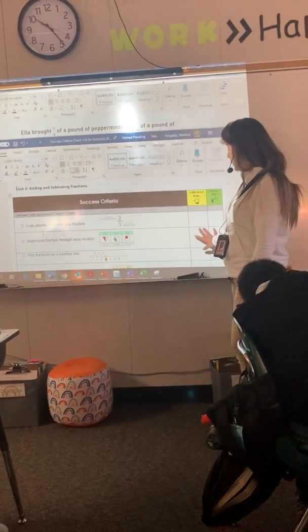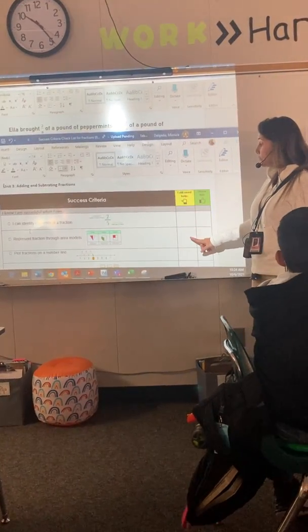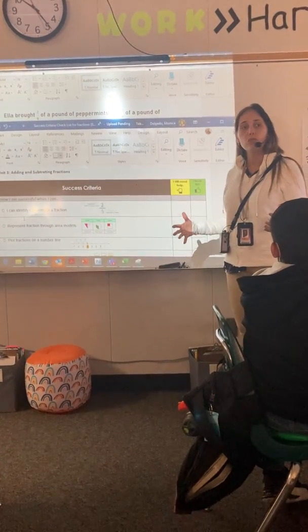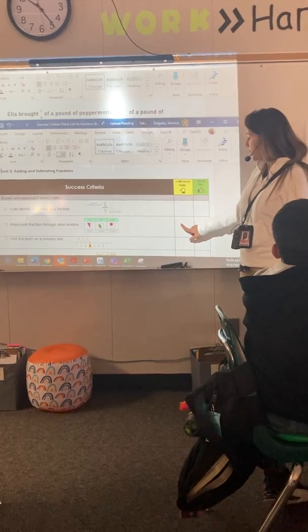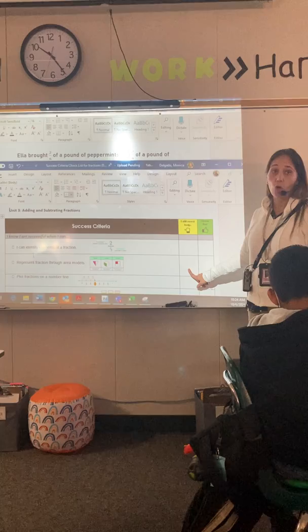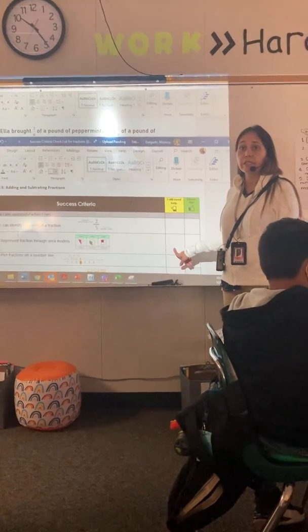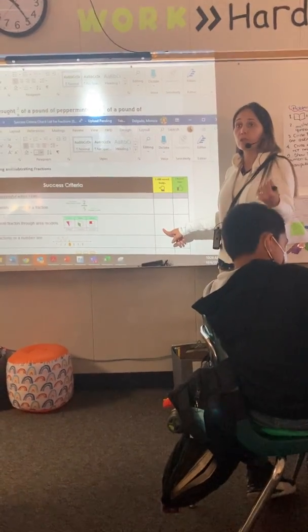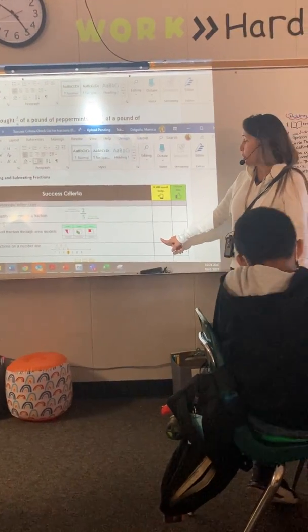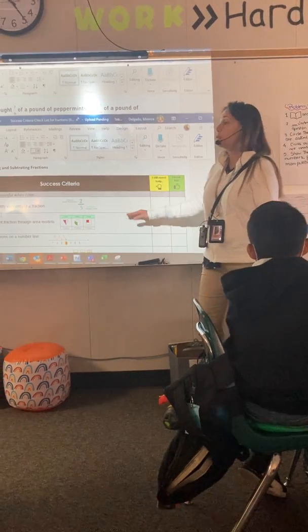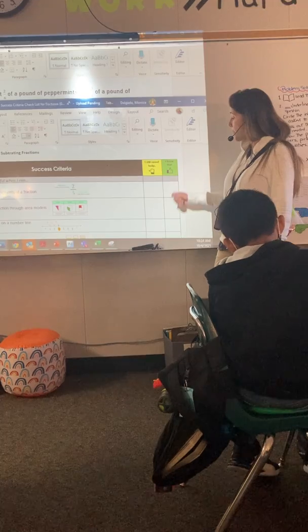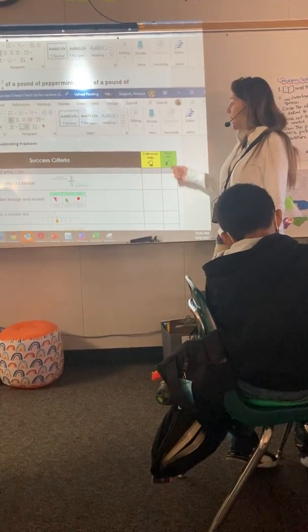But if you don't feel like you master your area models or you don't know how to use them, you are going to put a checkmark where it says I still need help. This is for me to understand that you need more help in certain parts of adding and subtracting fractions. But if you do your problem and you understand it very well, you're going to give me a thumbs up or a check mark where it says I know this.